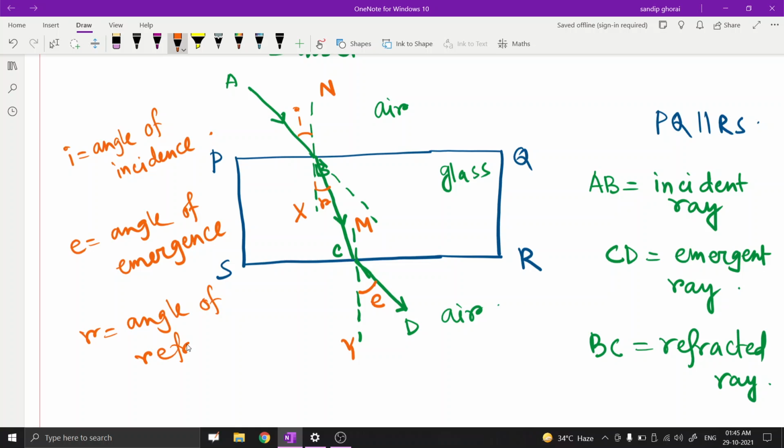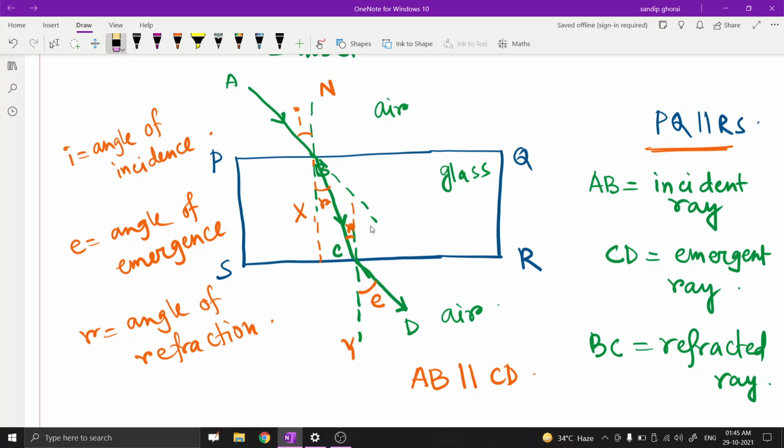Here we also know that AB is parallel to CD, as PQ is parallel to RS, so using the geometrical rule we can say this is the same angle R.